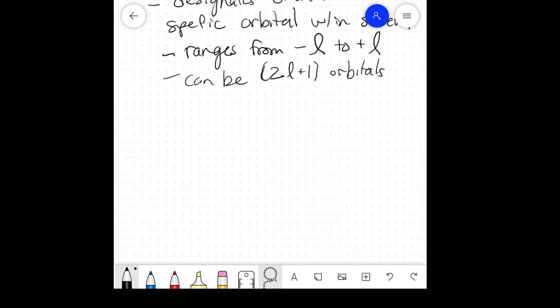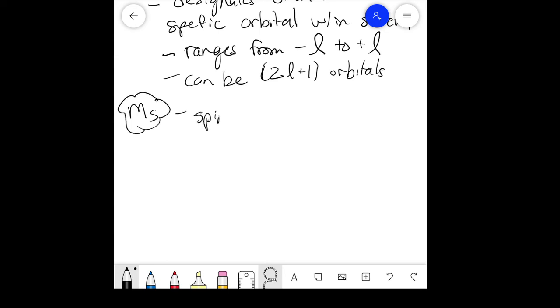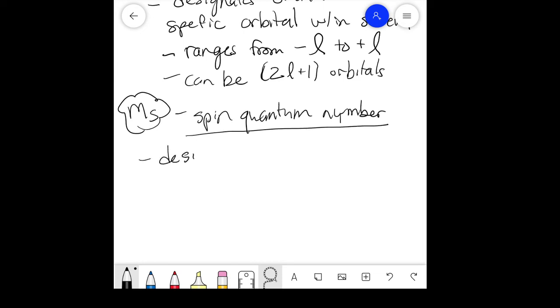And then our very last quantum number is M sub S. And M sub S is the spin quantum number. And so what the spin quantum number does is it designates the direction the electron is spinning in.